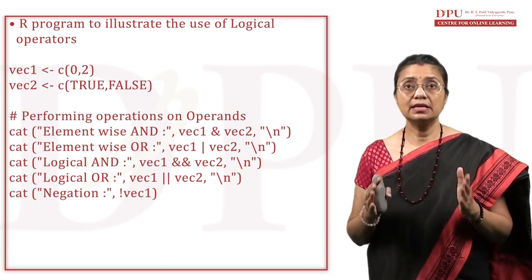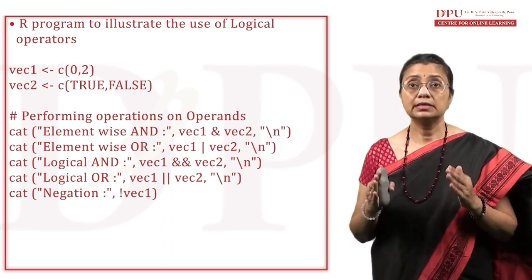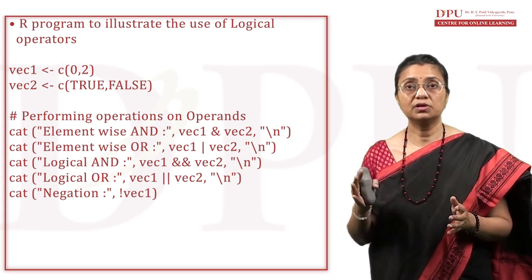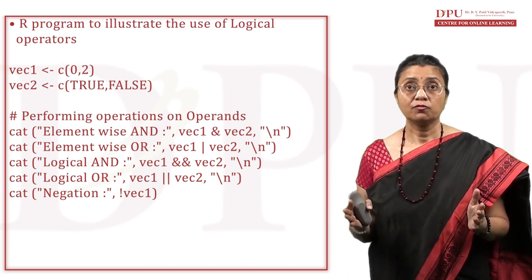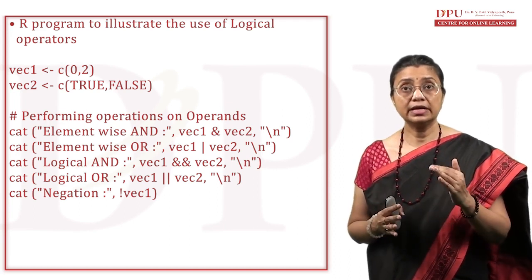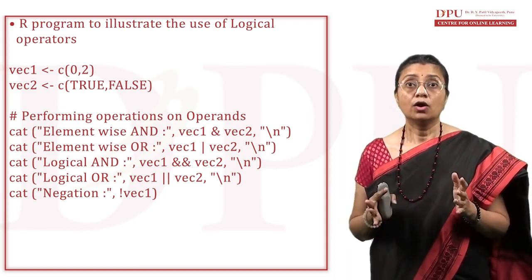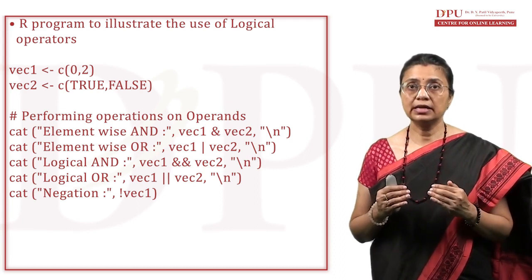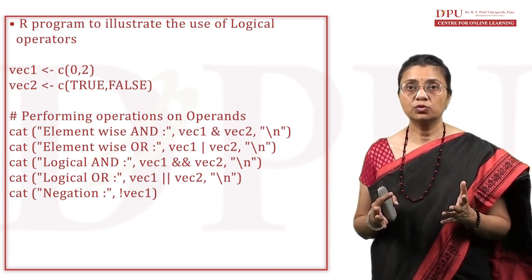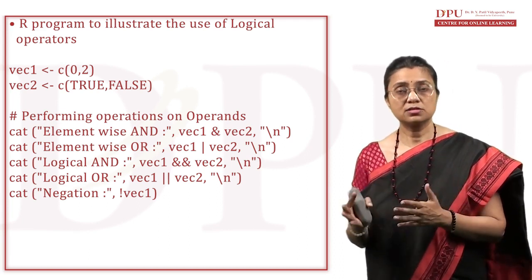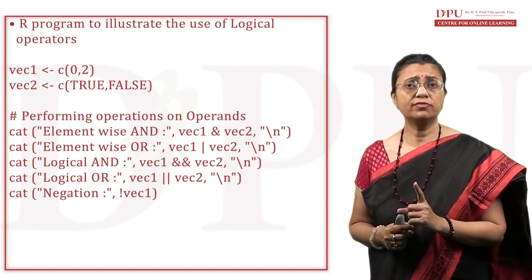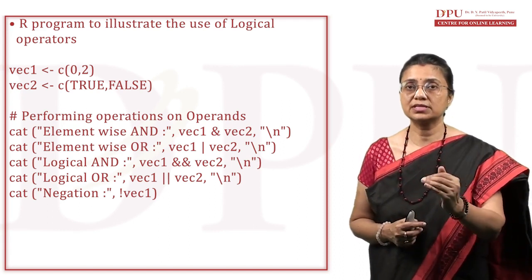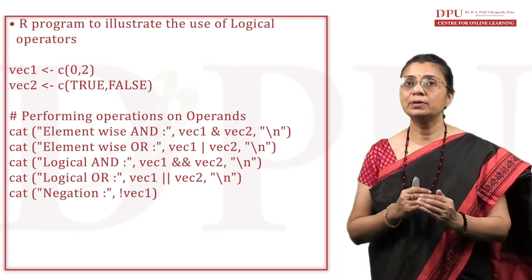Likewise, if there is the element-wise OR operator, in that case vector 1 will be compared with vector 2 and the entire vector will be checked for each and every element, element by element. On the contrary, if I'm using logical AND, in that case I'm doing vector 1 and vector 2 with a double ampersand symbol, and only the first element of vector 1 and vector 2 will be compared.